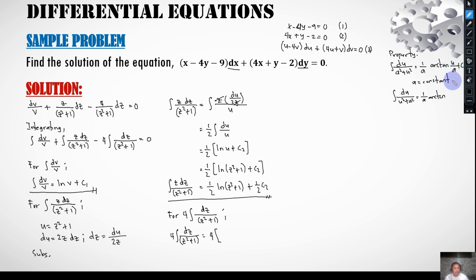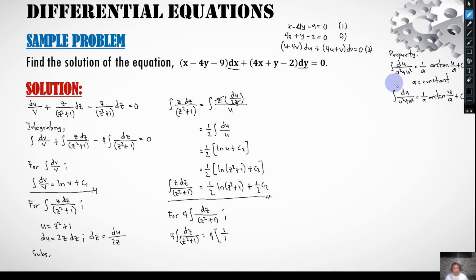Okay, so, i-write na lang natin to students. Arctangent of your u over a plus c. Okay? So, in this case, yung a natin dito, class, is ito yung constant na 1. So, kaya, 1 over a, so this is 1 over a, which is 1.